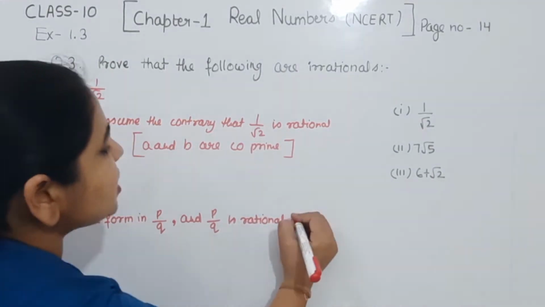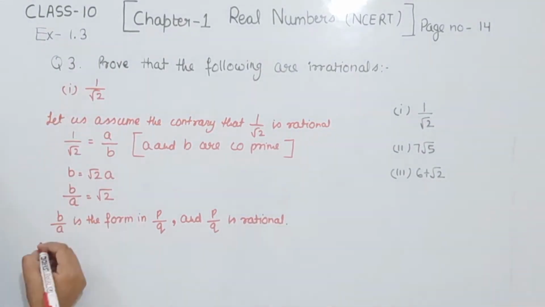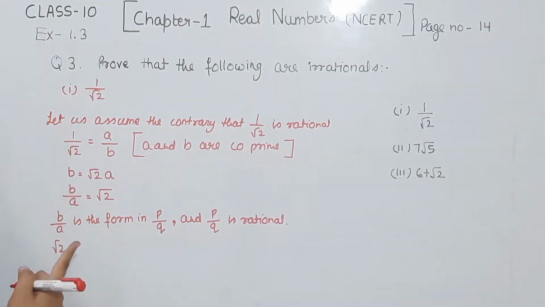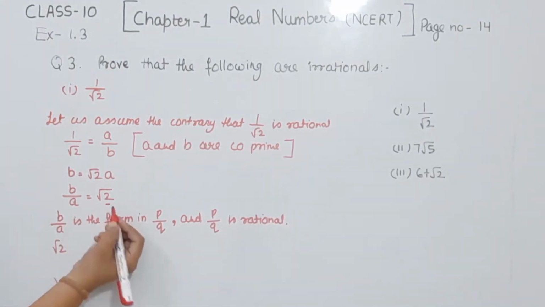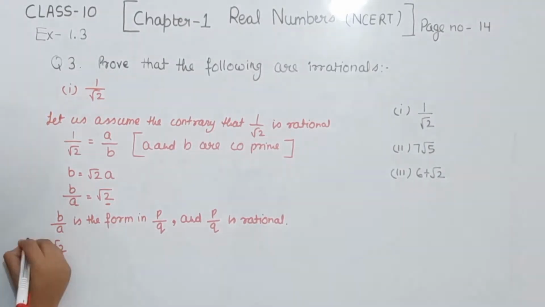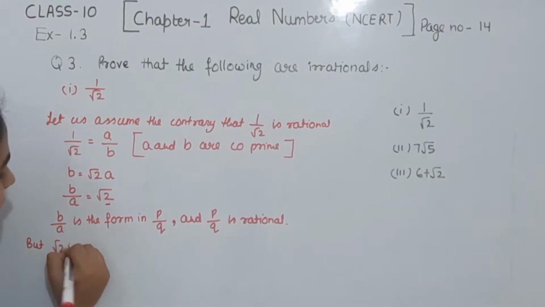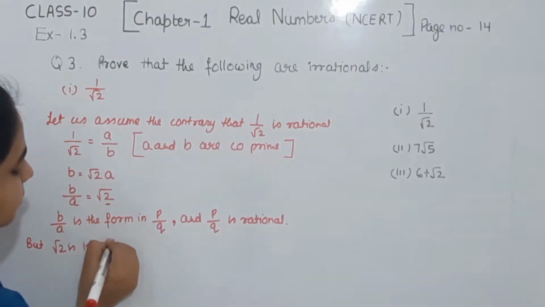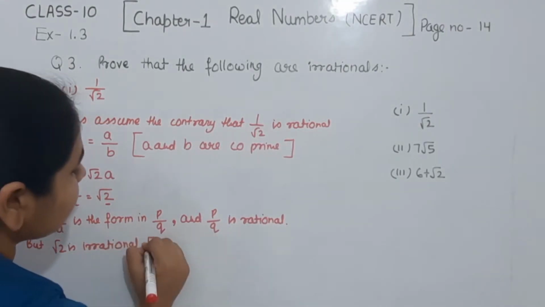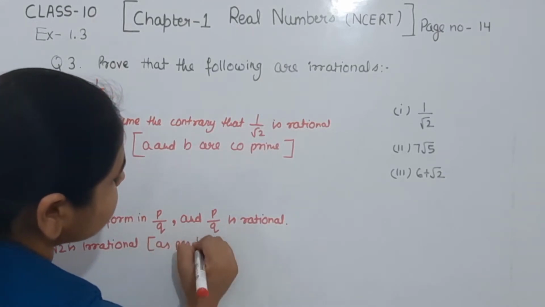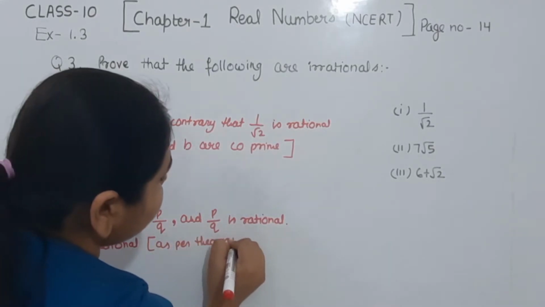P by q is rational, and in theorem 1.4 we have already proved that root 2 is an irrational number. So root 2 is irrational as per theorem 1.4.